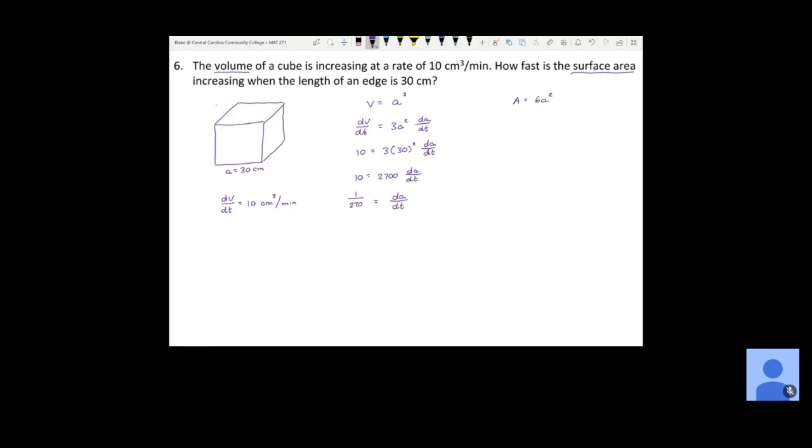We're looking for the rate of change of that surface area, right? Since we want to know how fast, we need to know dA/dt, big A, right? So it's going to be dA/dt. And then what's the derivative of the right-hand side going to give us now? 12a. But again, because we're taking the derivative with respect to time, we got to have the da/dt over here now.